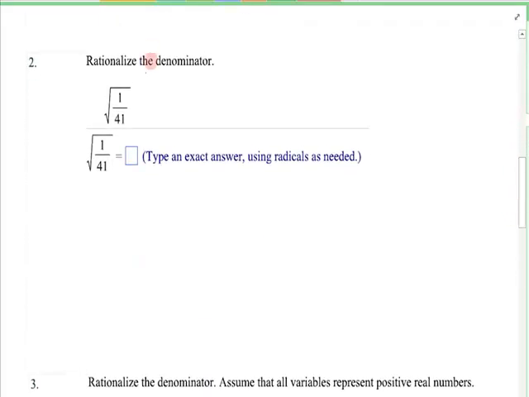All right. This is the same as the square root of 1 over the square root of 41. The square root of 1 is 1. I always simplify any radical I can. Now the square root of 41, you can think about it for a little bit, but I think you'll find that there is not any perfect square that you can factor out of that.